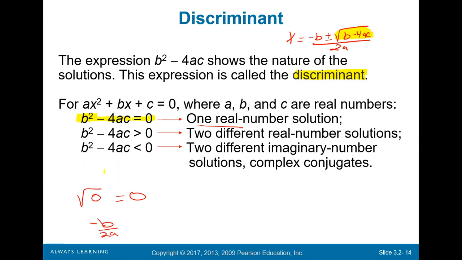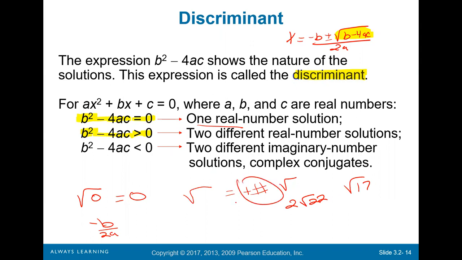Okay, so let's look at this one. If I have b squared minus 4ac and it's greater than 0, that tells me that this root is going to be a positive number. I can be left with the root. It could be like what we had a while ago, 2 square root of 22, could be square root of 17, but it's positive.